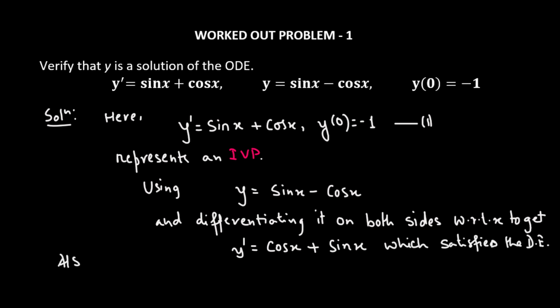Also, using the initial condition, when x equals 0, we get y of 0 equals sine of 0 minus cosine of 0. Here we have replaced x with 0, so that gives us negative 1. So indeed, y equals sine x minus cosine of x is a solution of the initial value problem y prime equals sine x plus cosine of x with y of 0 equals negative 1.